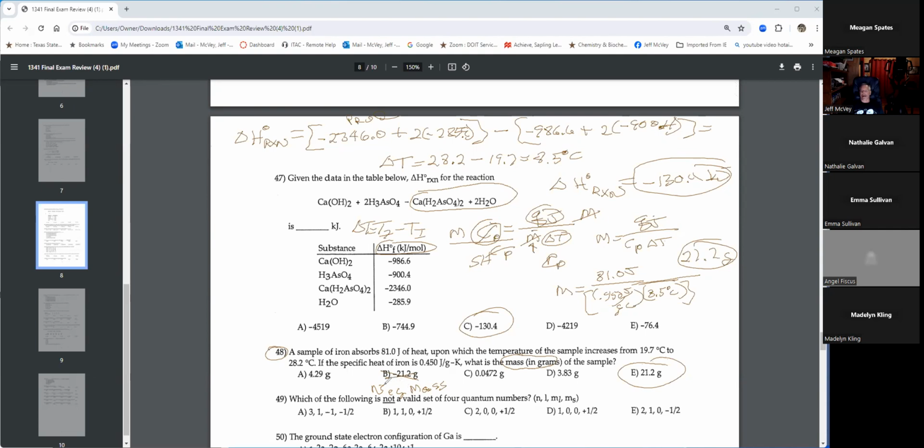So don't fall for that if you're figuring mass. And obviously they put it there. If you did 19.7 minus 28.2, if you failed to realize that it needed to be temperature final minus temperature initial, you would come out with minus 21.2. Don't fall for that.